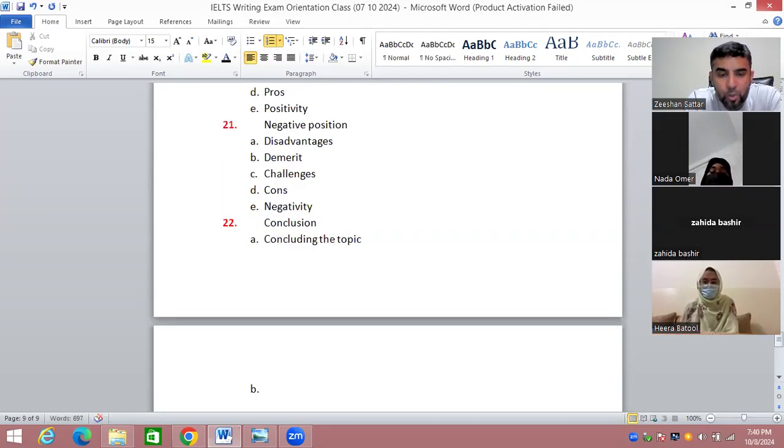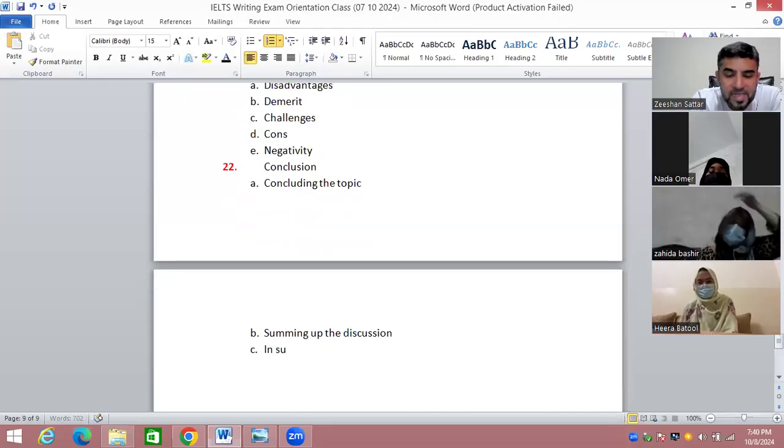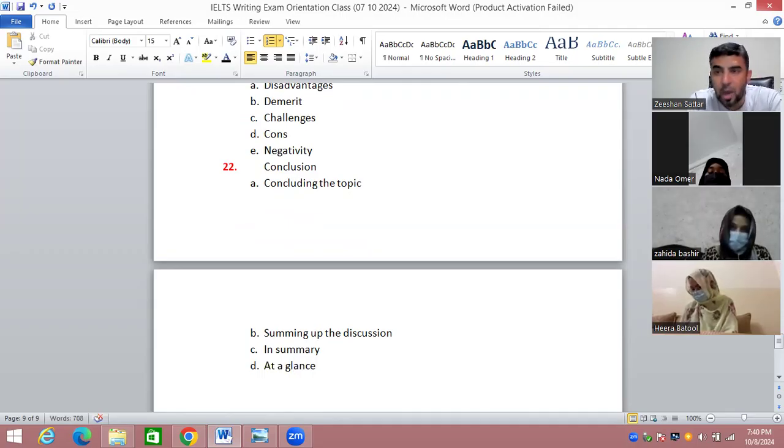We can use the words summing up the discussion. We can use the words in summary. We can use the words at a glance. We can use any one out of these.